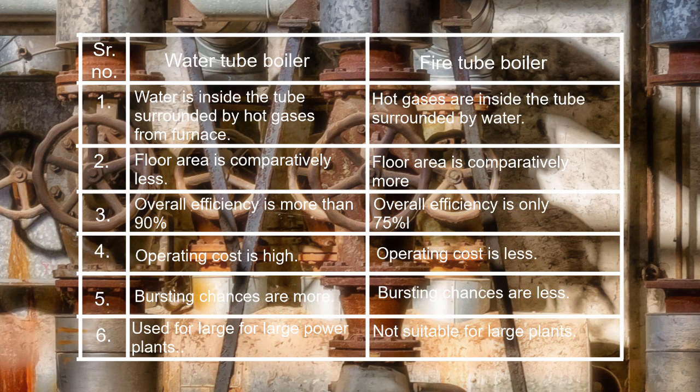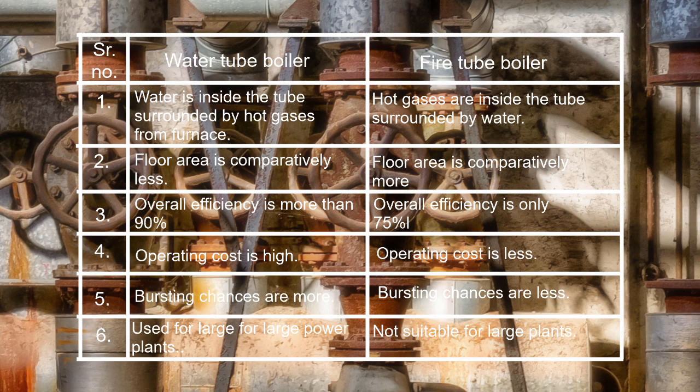Now that we understand the types of boiler, we can compare the water tube and fire tube boilers. The water tube and fire tube boilers are compared as follows. In water tube boilers, water circulates inside the tubes, which are surrounded by the hot gases from the furnace.